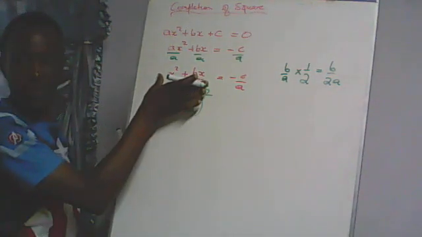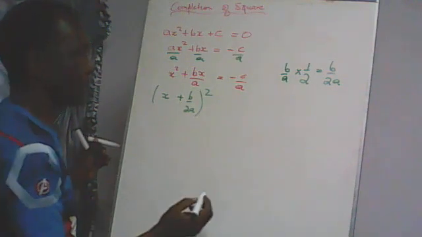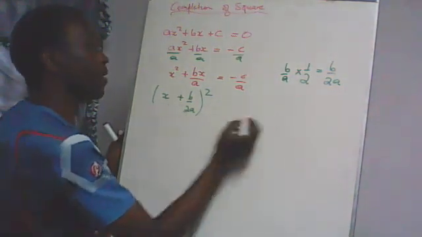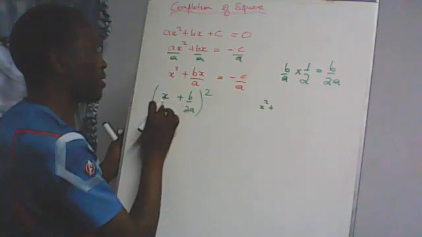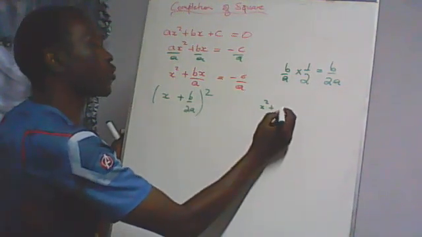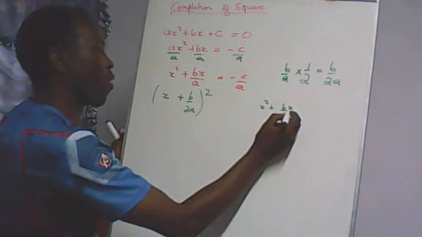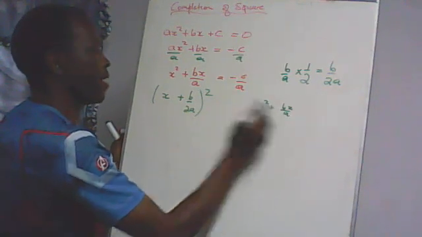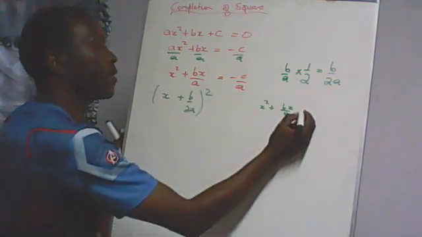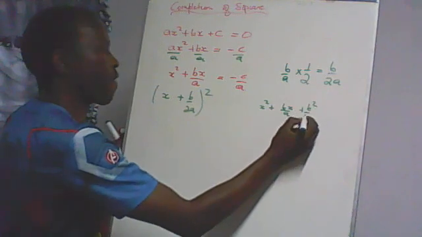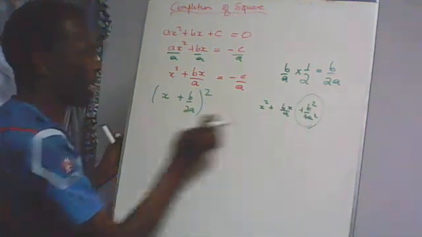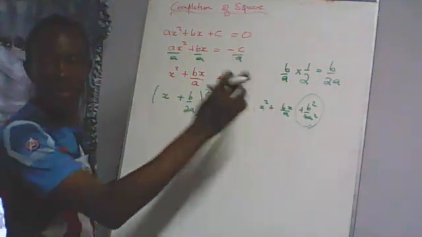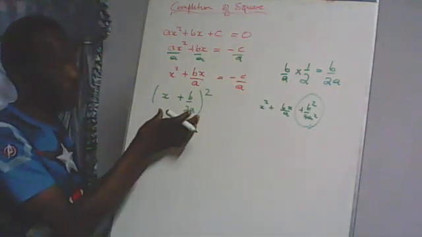Remember you had this. But let us check. This is equal to x squared plus this times that, that is equal to bx over a, and then this squared plus b squared over 4a squared. Now look at this. We now added this on this side.